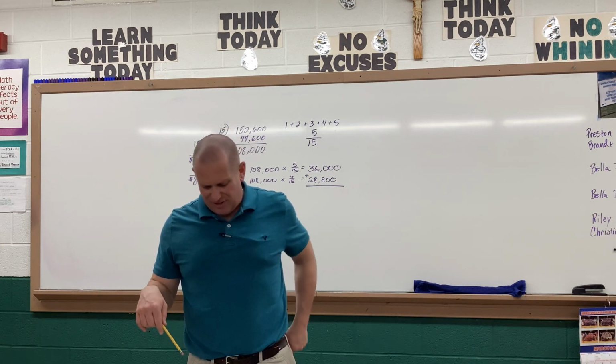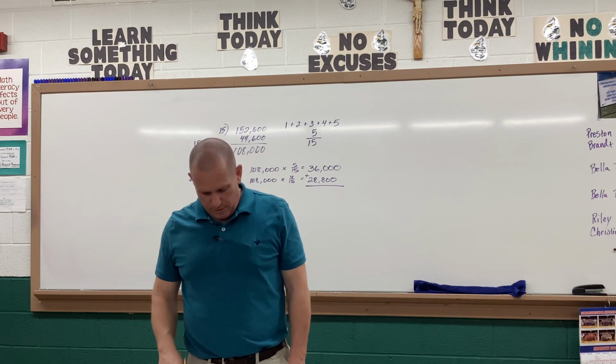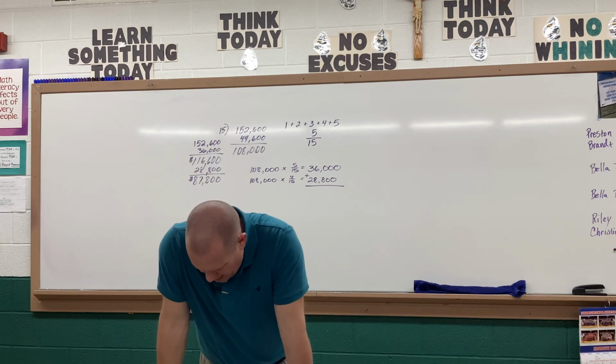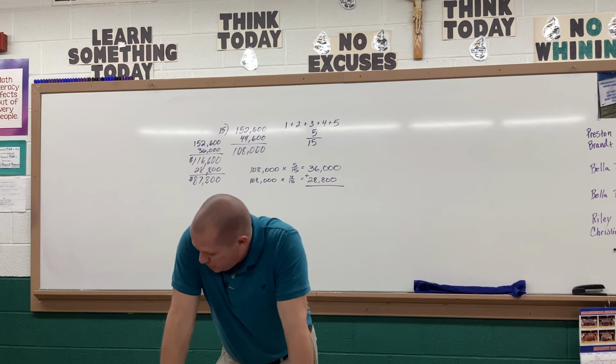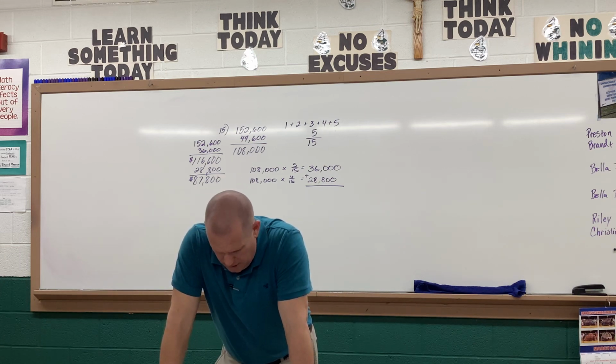So 7650 divided by 1,125, which is 0.068. That's where you have to read the directions and make sure you round. It says nearest tenth of a cent, so you're going to 3 decimal places. Okay with that one?